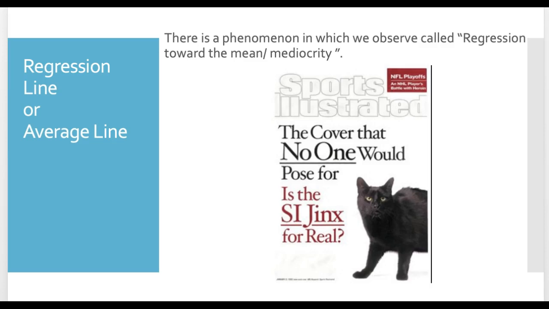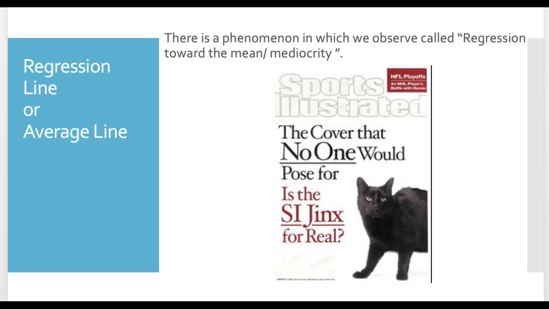What happened is that with these star players, season to season we rate how good they are, and these athletes had just had the best season. Sports Illustrated wanted them on their cover, and that was an indication that they had an awesome season.